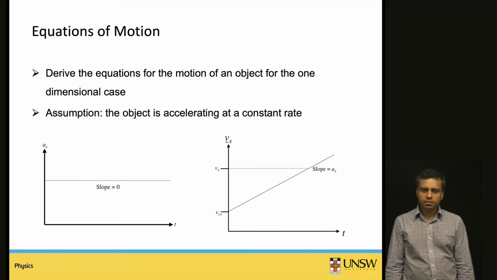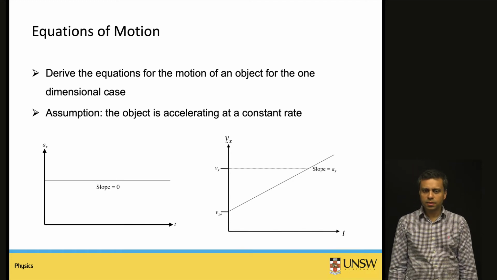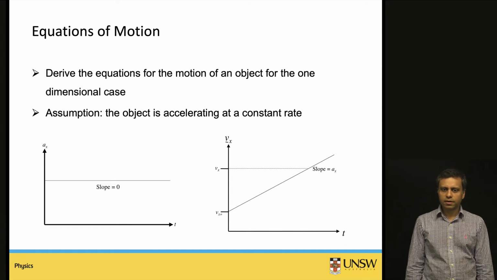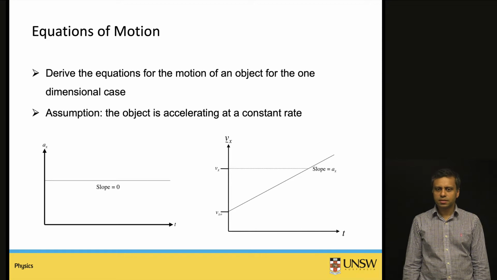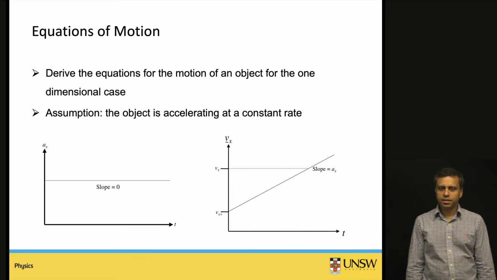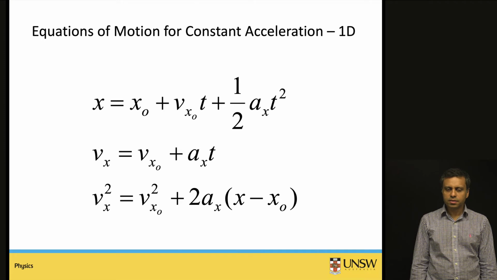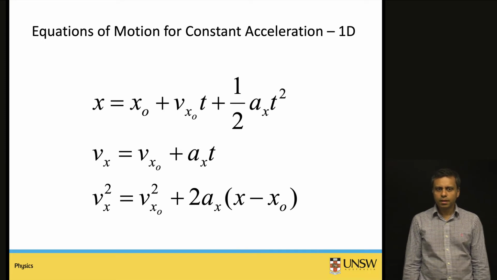At t equal to 0, it is starting at vx0, and it's changing as time progresses. The velocity is changing, but the slope of the curve is remaining the same because the slope gives you the acceleration. Now we will go into the details of these equations and see how to derive them.